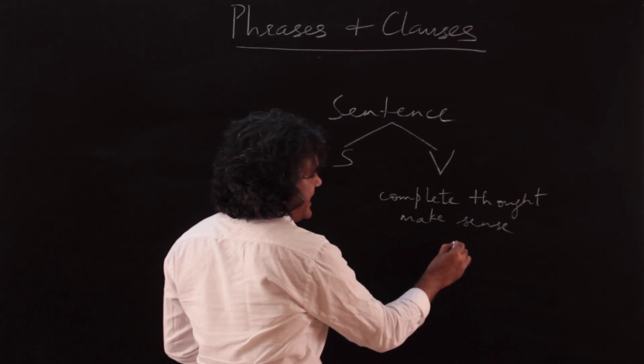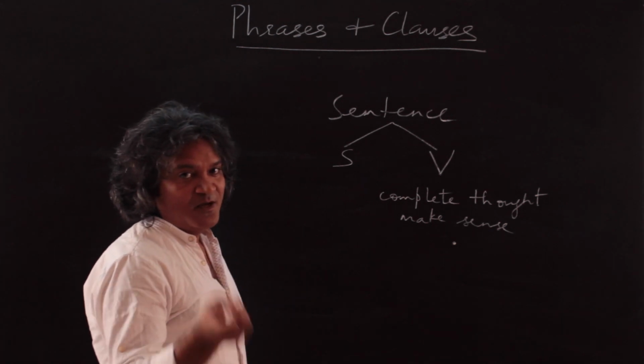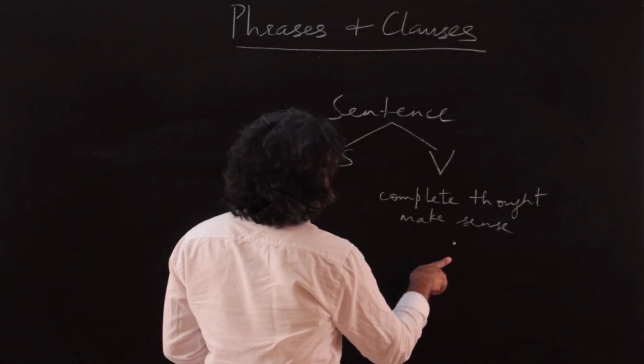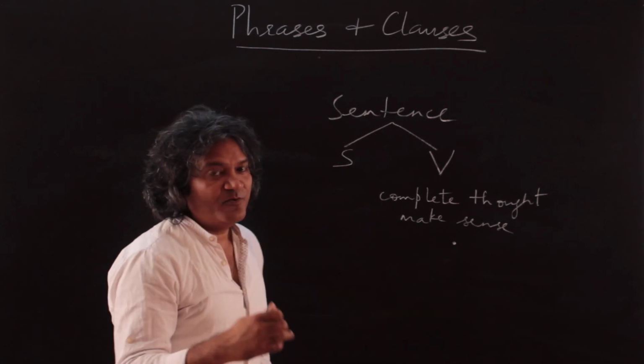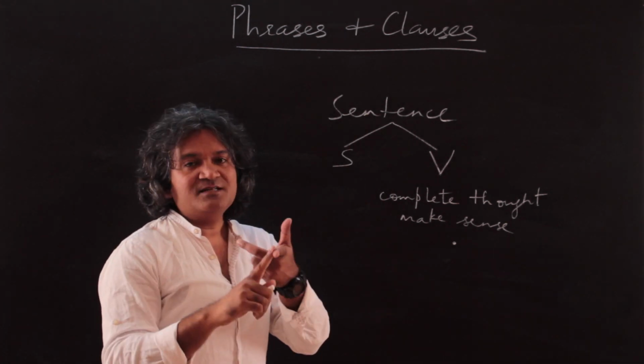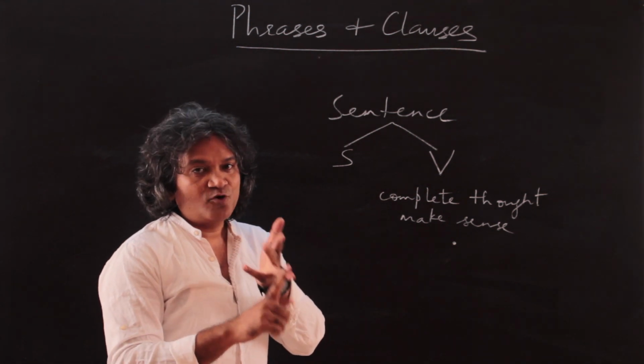And it needs to end with what is known as either a full stop or a period. Period is another name for a full stop. So what is a sentence? A sentence is a group of words which has a subject, a verb, and it expresses a complete thought.